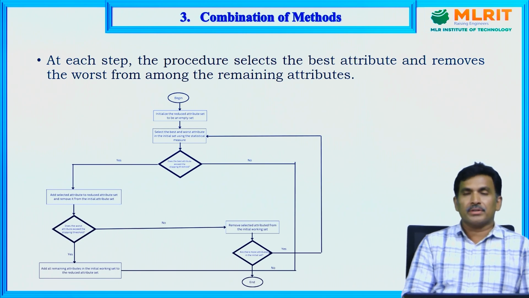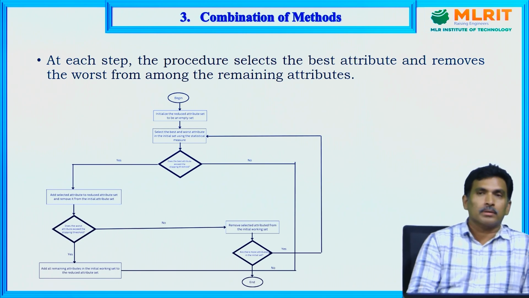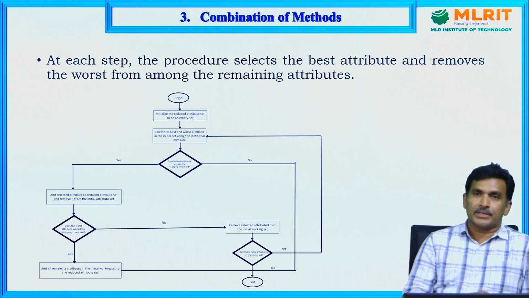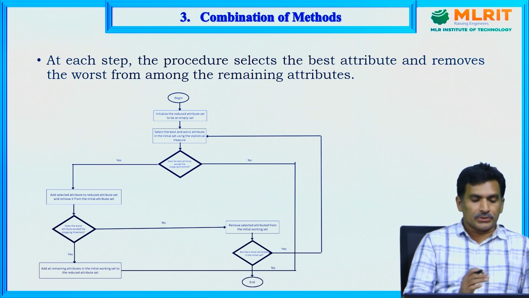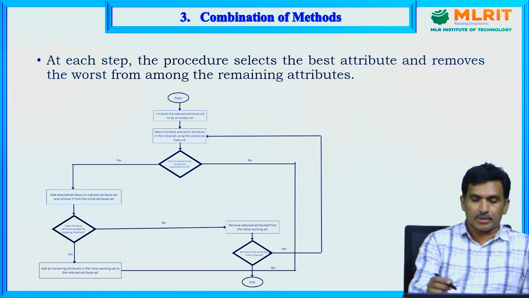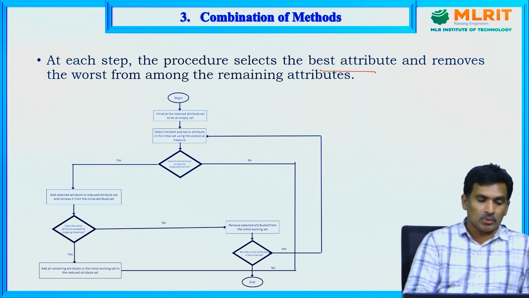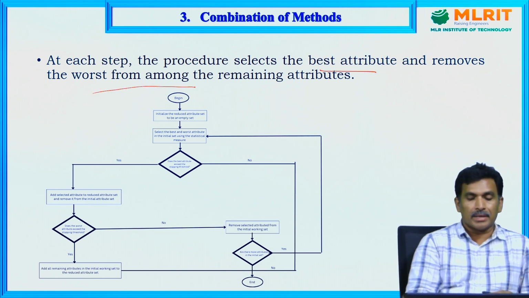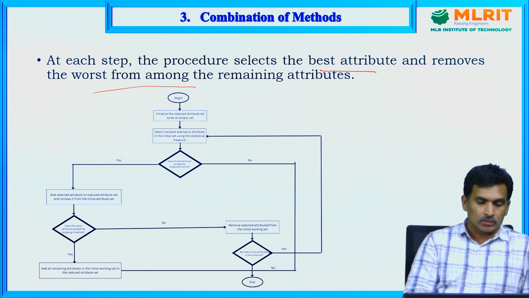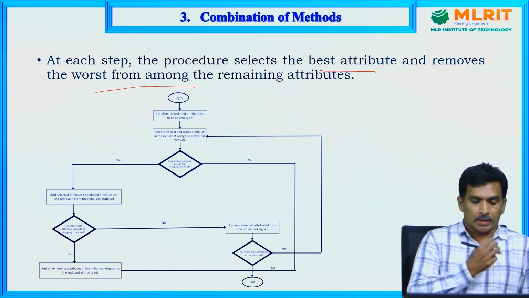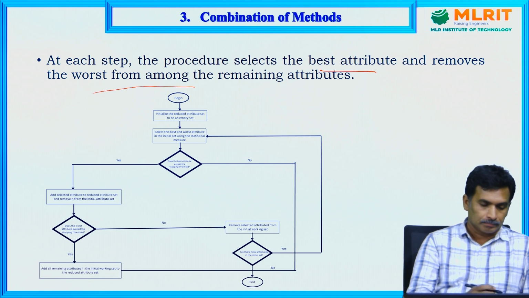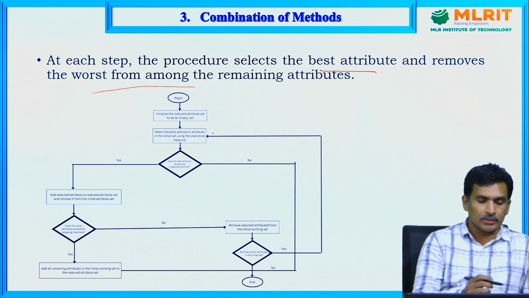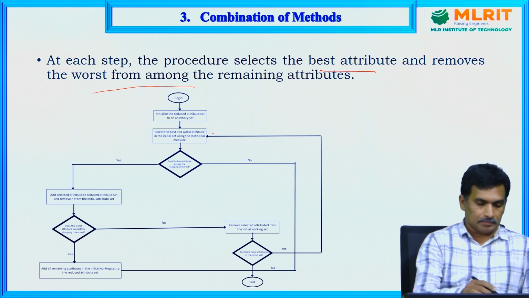Next, the combination of methods, both stepwise forward selection and stepwise backward elimination. At each step the procedure selects the best attribute and removes the worst attribute from the remaining attributes. In this case, it initializes the reduced attribute set to be an empty set and selects the best and worst attributes in the initial set using a statistical measure.